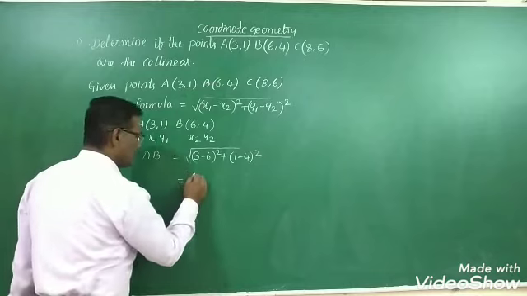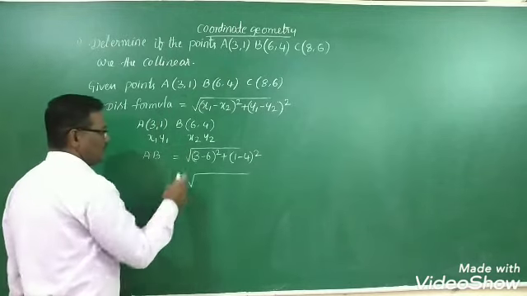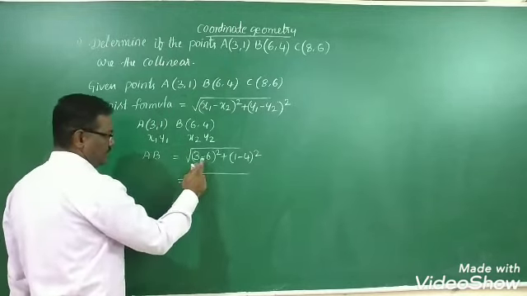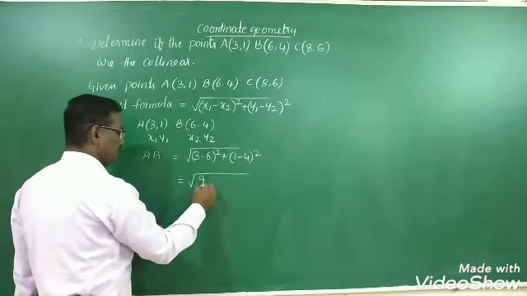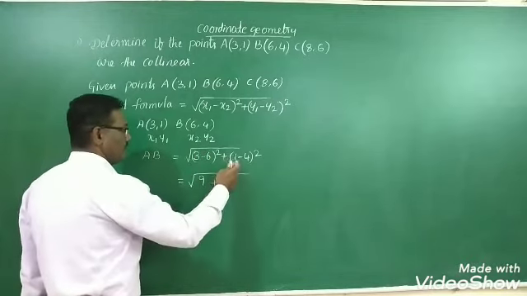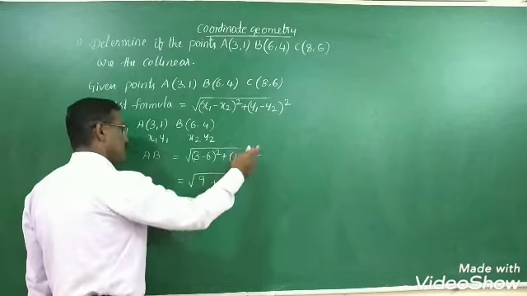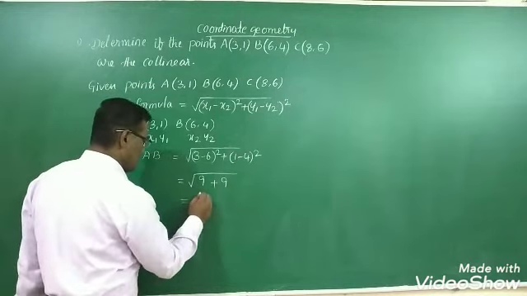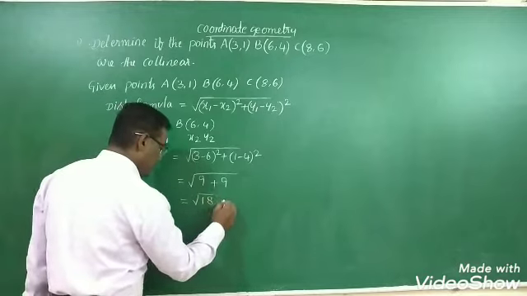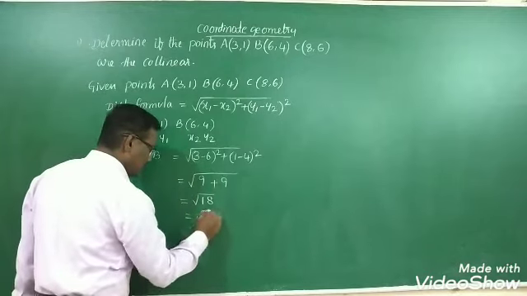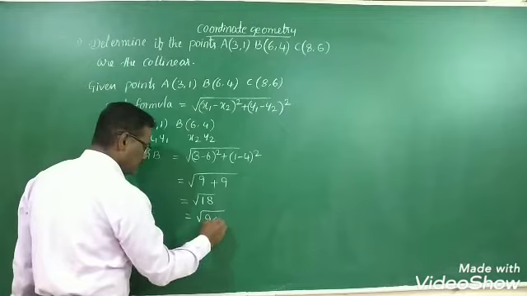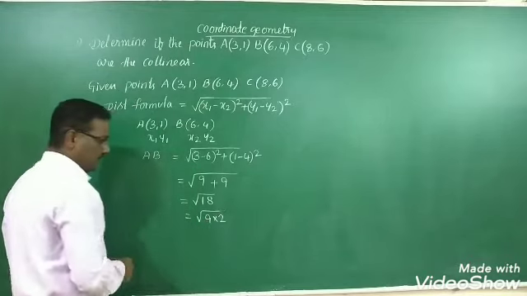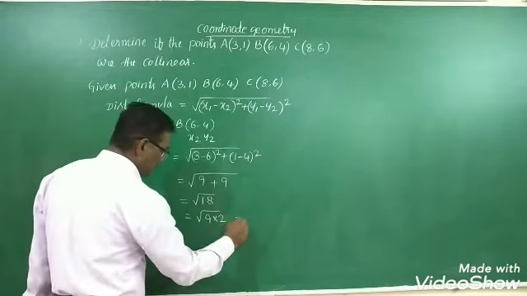That is equal to square root of 3 minus 6 is minus 3. Minus 3 whole square is 9, plus 1 minus 4, that is minus 3 whole square, is 9 again. So root of 9 plus 9 is root 18. It can be written as root of 9 into 2. Now we can simplify it.